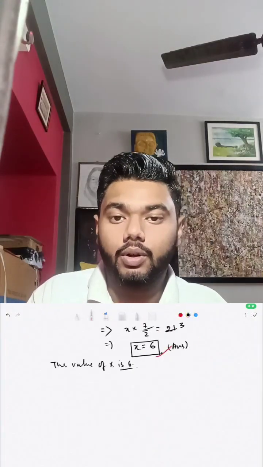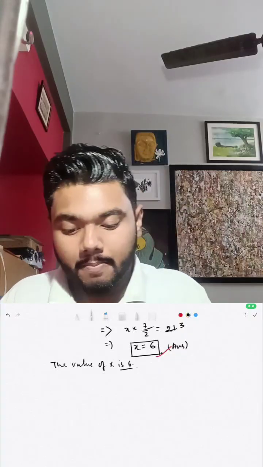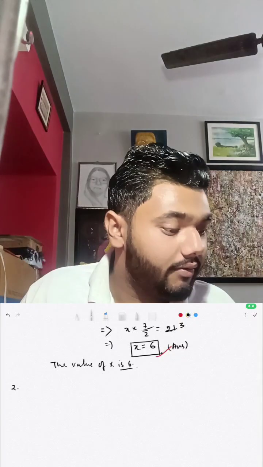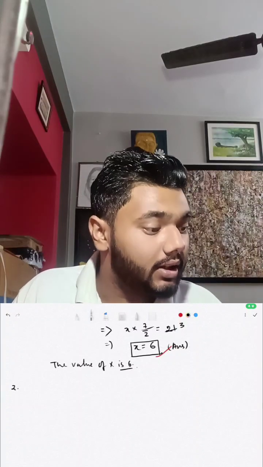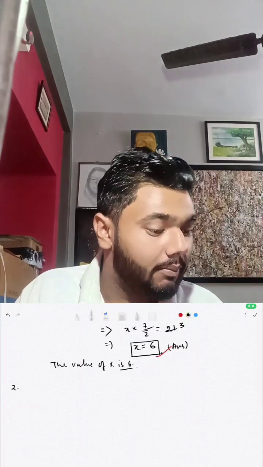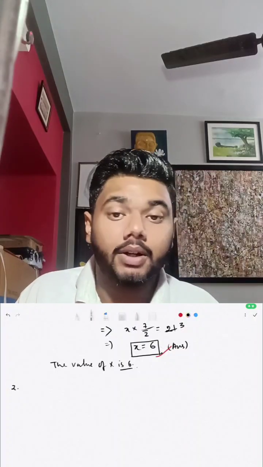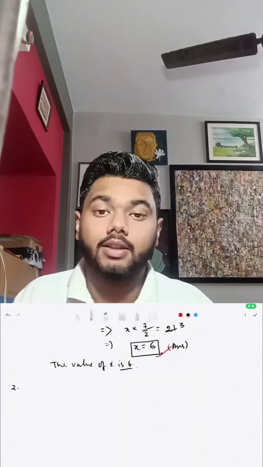So let's go on to the second question. It says that 25% of a number is 7 more than 30% of another number. The difference between the numbers is 29. What are the numbers?